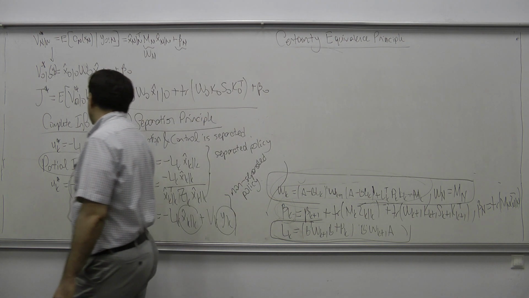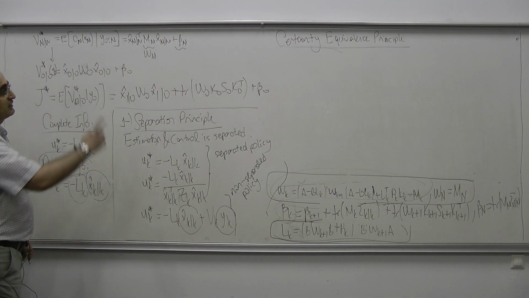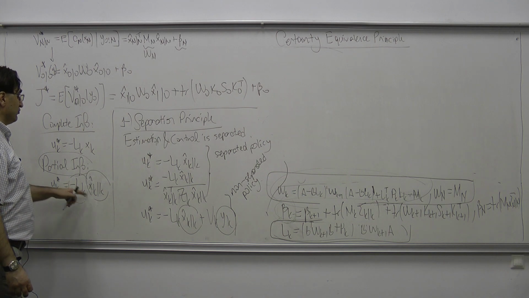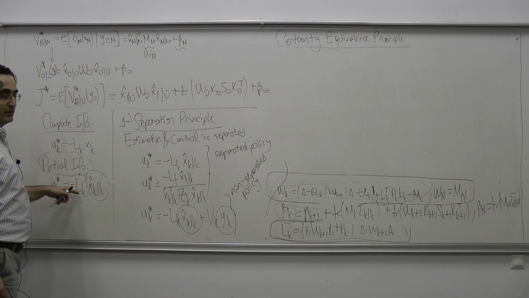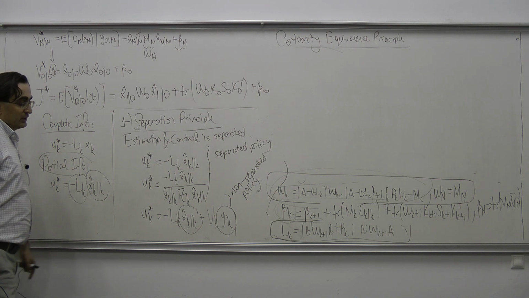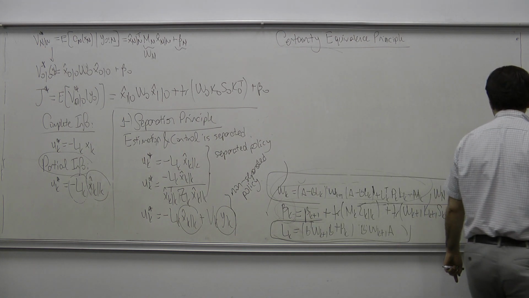What might be a control rule where the certainty equivalence principle does not hold? If this LK changed in the partial information case, if I had different LKs here, then I would say that the certainty equivalence principle does not hold for this problem.